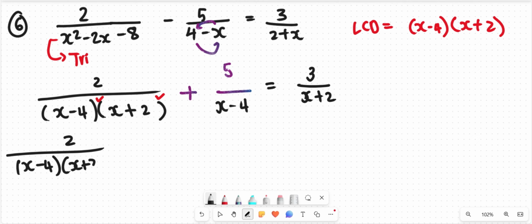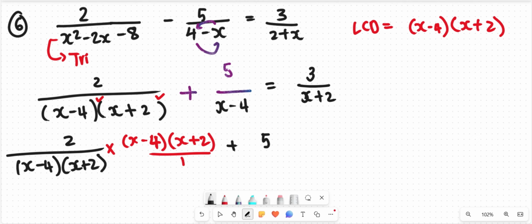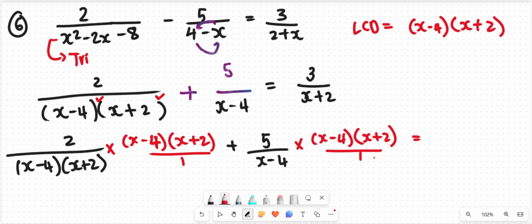So maybe you try this question yourself and you can mark it with my answers at the end. Even the last fraction needs to be multiplied by the LCD.